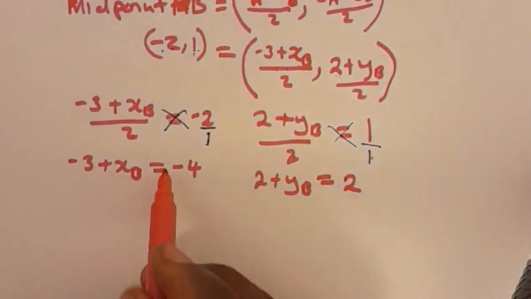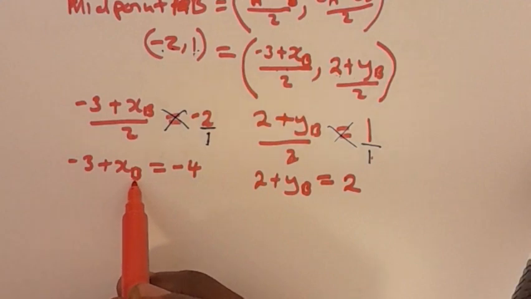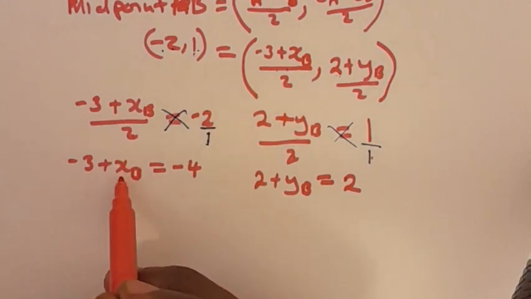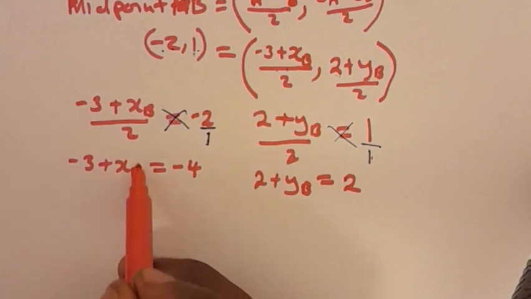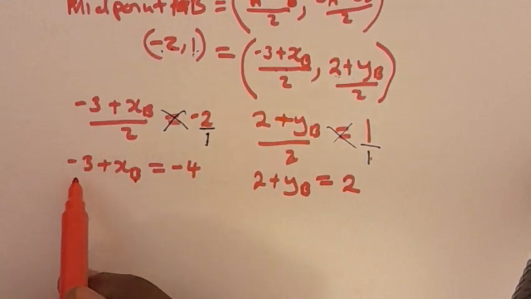Okay, next you need to find the value of X in B. So you aim at remaining with X in B on the left hand side. So meaning you need to remove this -3 using additive inverse.